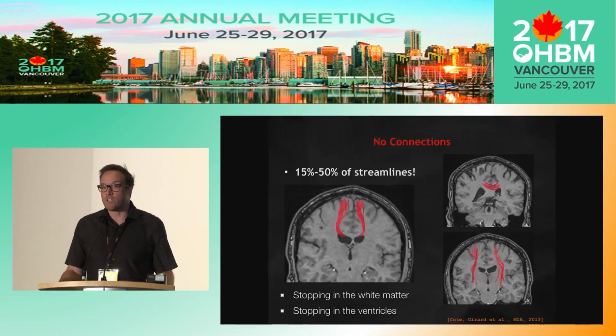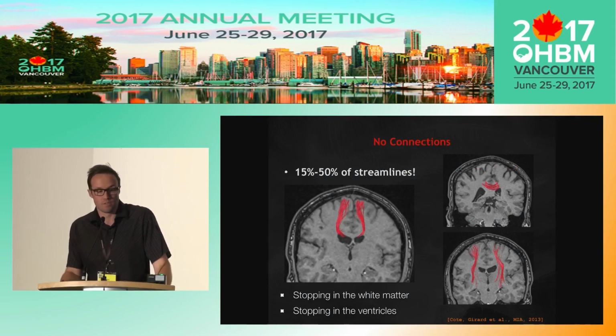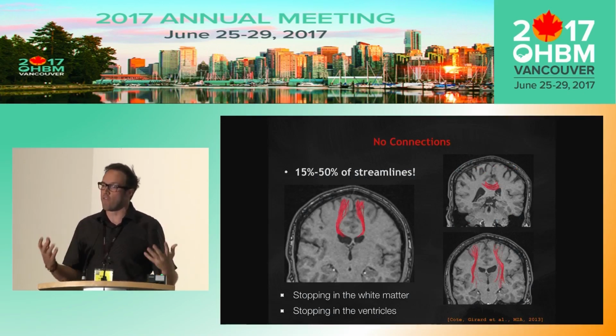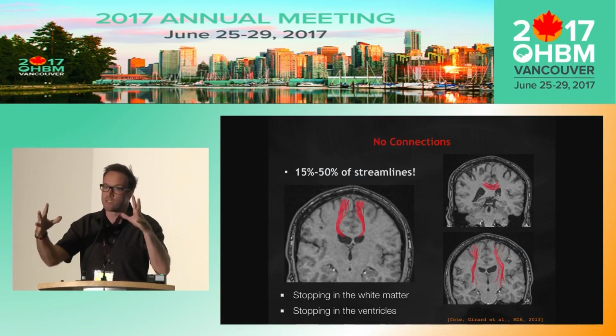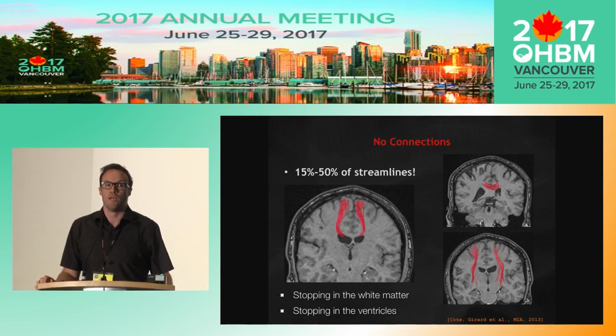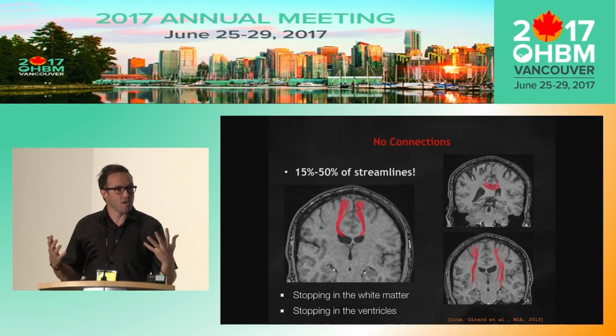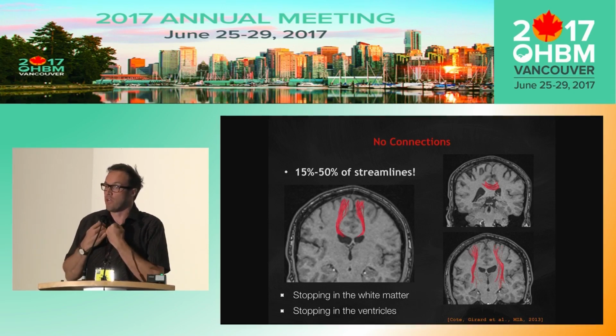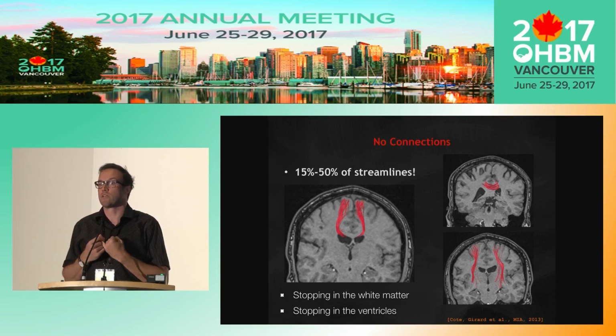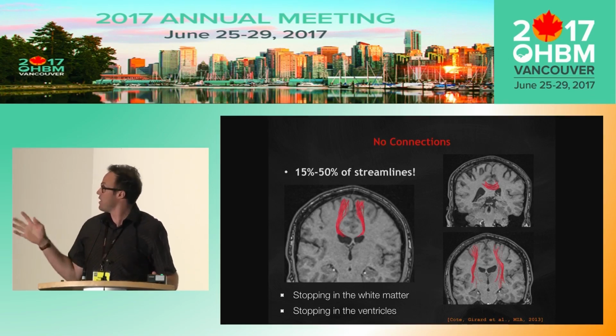And so the first thing, if you're not careful, let's say you just use your FA threshold and you launch 1 million seeds and do tractography, is a lot of your seeds are going to die not reaching the cortex. They're just going to die along the way. They're going to finish in unrealistic anatomical areas. They're going to end in the ventricles.